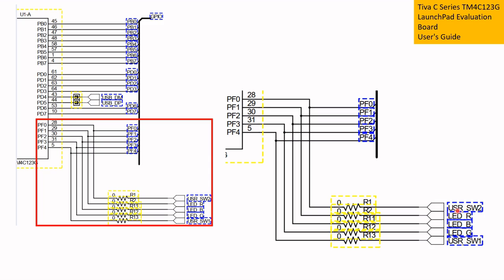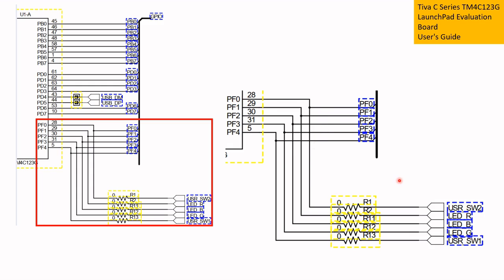And then looking at the user switch interface, USR SW1, that is the user switch 1, is connected to port F bit 4, and user switch 2, USR SW2, is connected to port F bit 0.